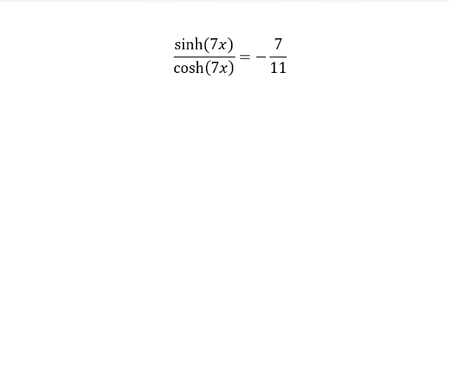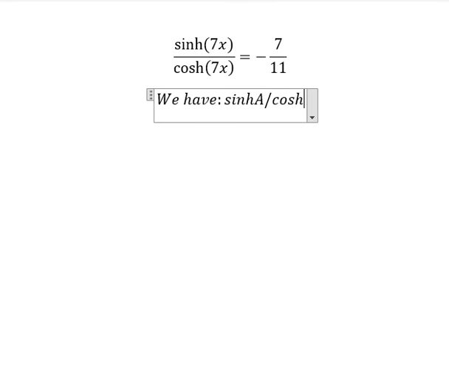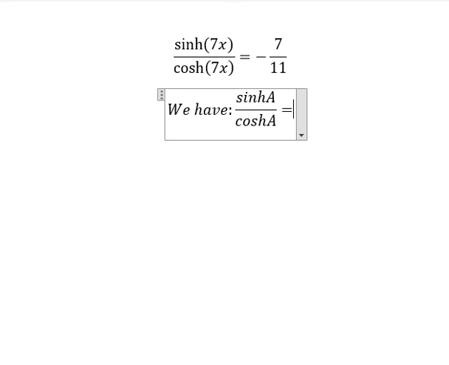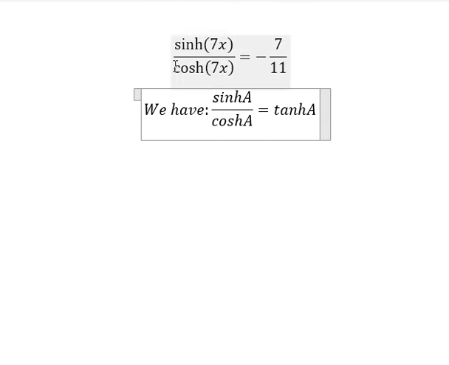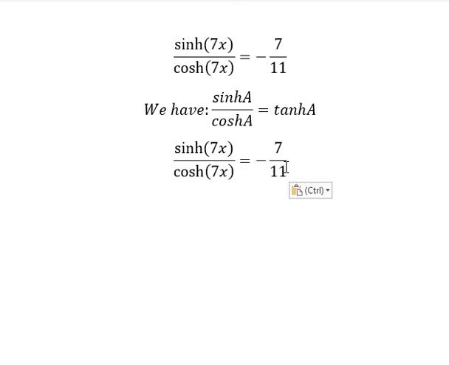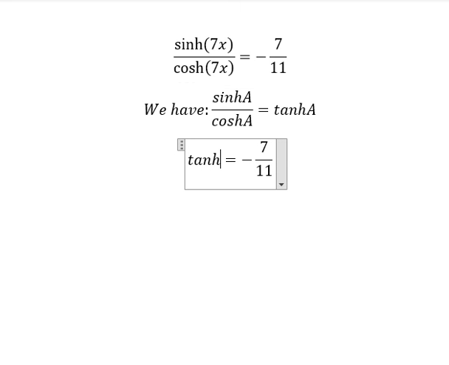Next, we have the formula here: sin a over cos a equals tan a. Now, we need to transform this one into this one, and we have tan 7x.